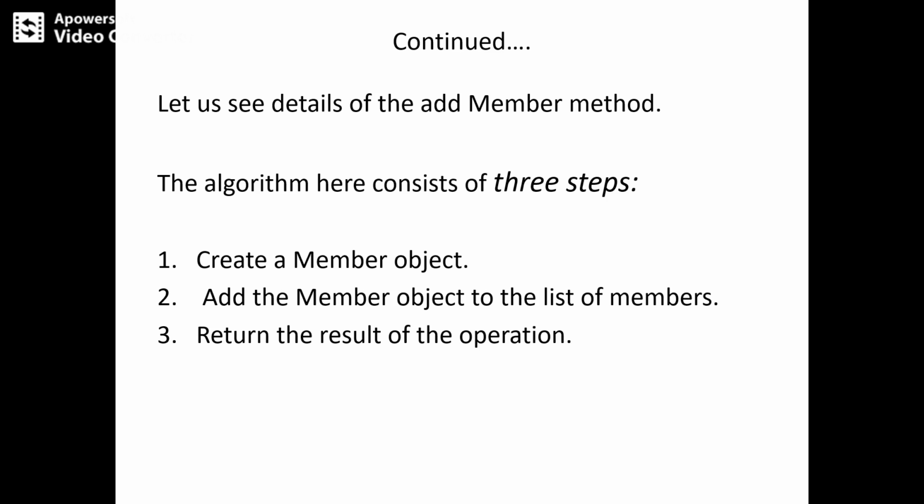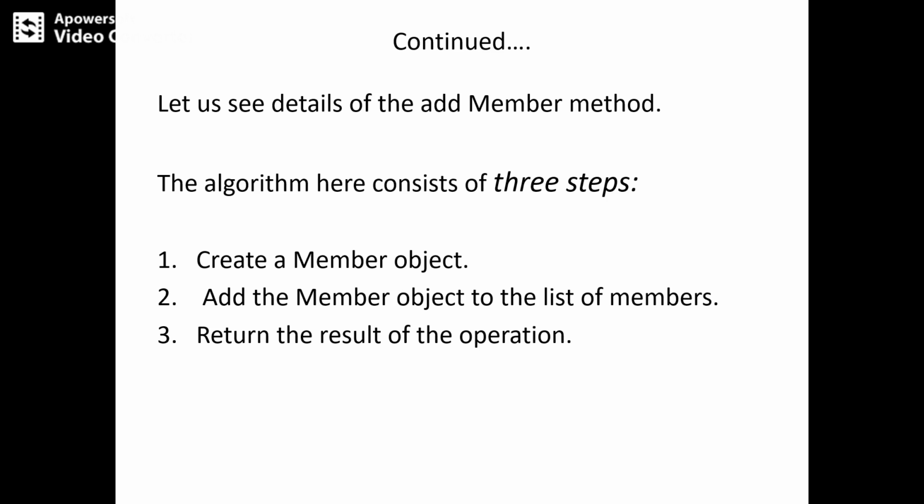We need to create a particular member object. The second step is to add the member object to the list of members. And the third step says return the result of the operation. So this is a very simple three-step method: create a member object, add the member object to the list of members, and return the result of the operation.